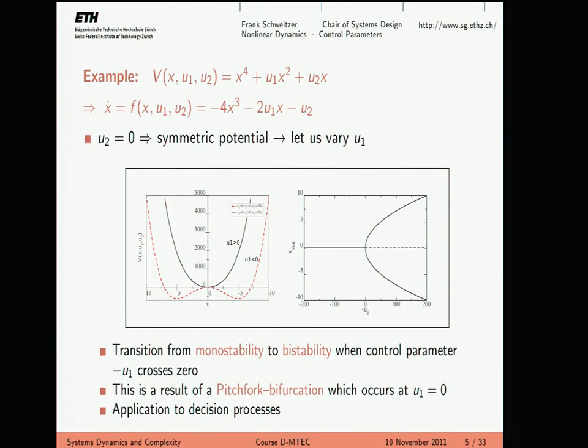Okay. This is a bifurcation diagram simply because it shows the bifurcations. And what you see at this point is the system transitioned from one single stable point, or monostability in a sense, to bistability, meaning you have 2 stable points now.